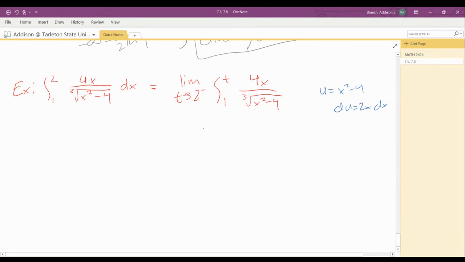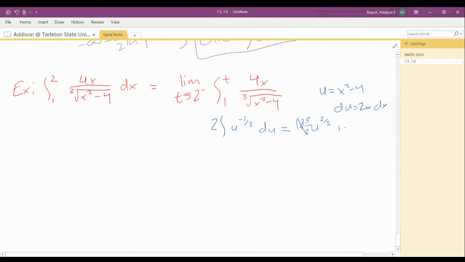So now we have a 2 out there coming from the 4, so we can now have 2 times u to the negative 1/3 du, which will get us u to the 2/3 times 3/2 times 2.